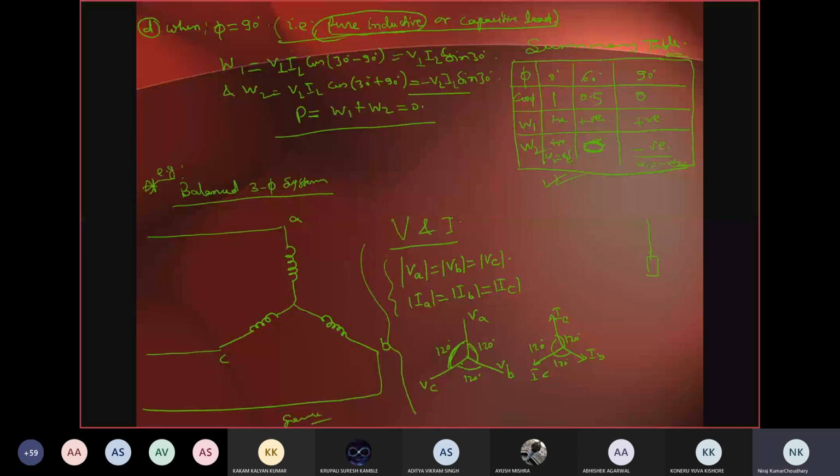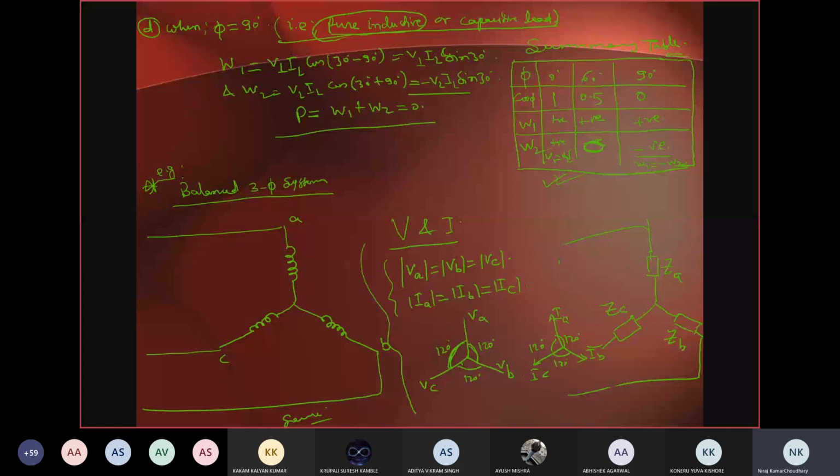Now if we talk about the passive element of the circuit, like a 3-phase load connected in a star, the load is said to be balanced when the impedances ZA, ZB, ZC are equal. That means it is balanced only when mod ZA is equal to mod ZB is equal to mod ZC, right?